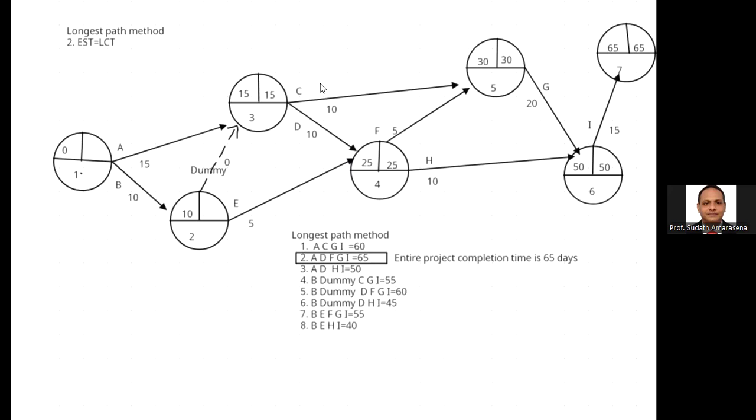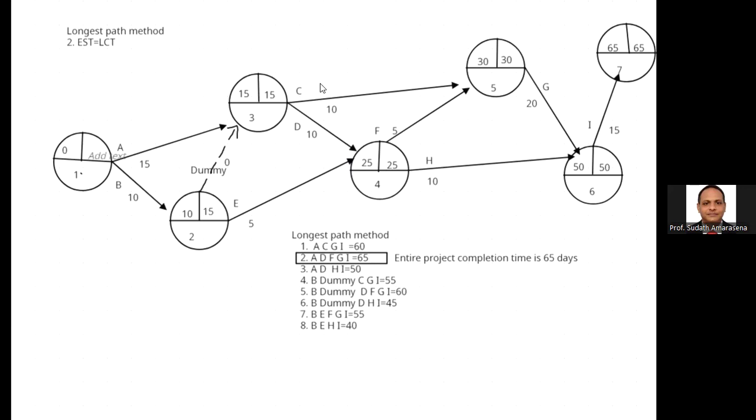The least value is 15. For the first event, via A, 15 minus 15 is 0; via B, 15 minus 10 is 5. The least value is 0.